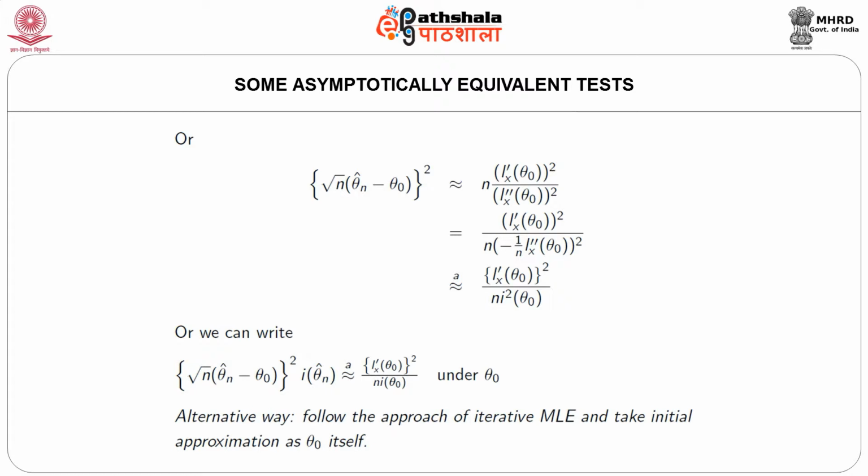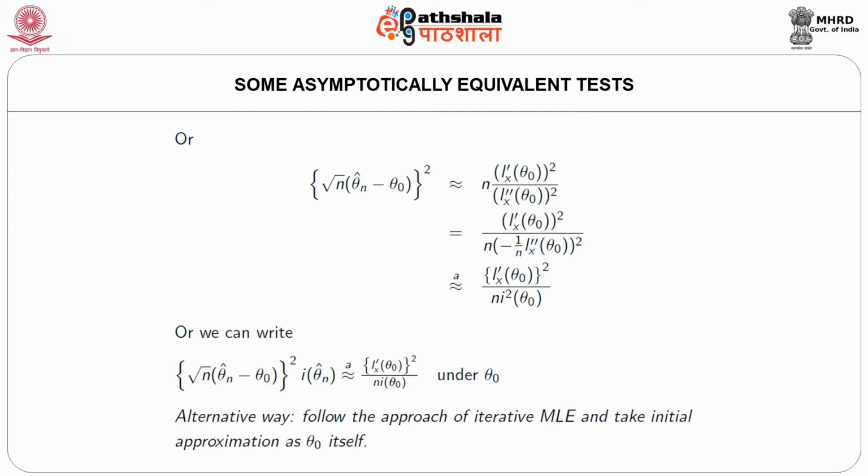That is equal to small lx prime theta naught square by n times within bracket minus 1 by n times lx double prime theta naught bracket to the power 2, which is asymptotically equivalent to small lx prime theta naught whole square by n times I theta naught square, where I is as usual the Fisher's information.